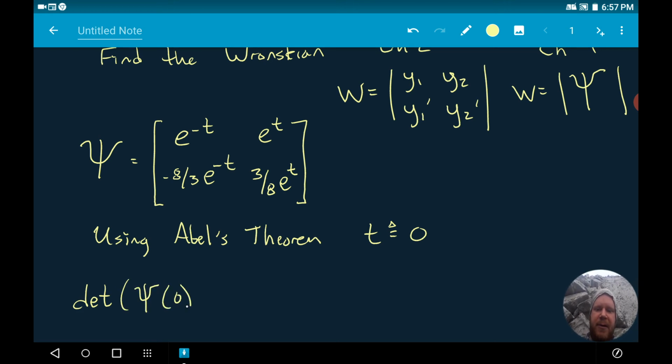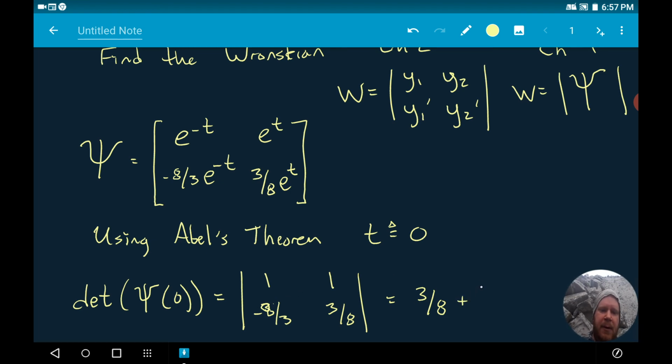So the determinant of this matrix evaluated at 0 is going to be the determinant of 1, 1, negative 8/3, and 3/8. If we take this determinant, this is 3/8 minus, so plus, 8/3.